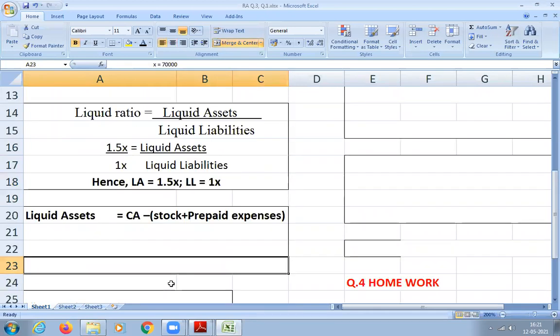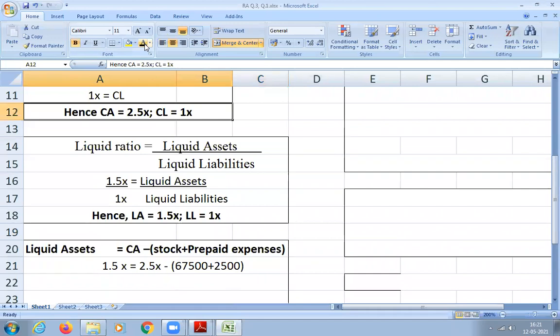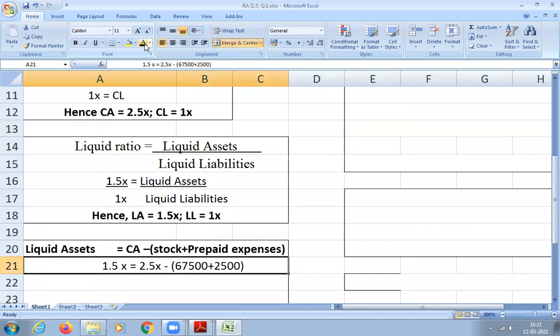Let us substitute now. 1.5x is equal to current asset, which I also know. How much is current asset? 2.5x. So 2.5x is taken from there, and then stock I know 67,500, prepaid expense 2,500. Now simplify further.